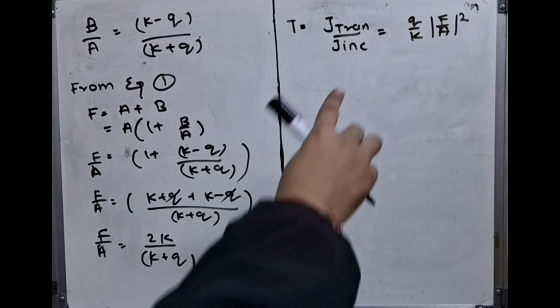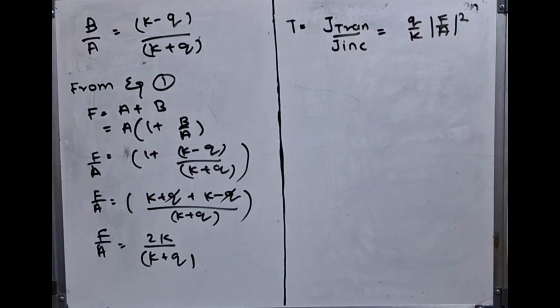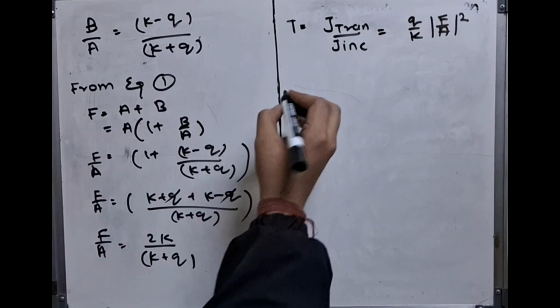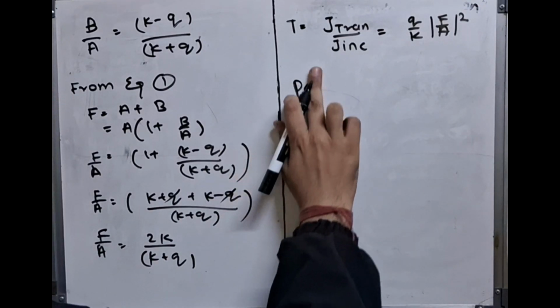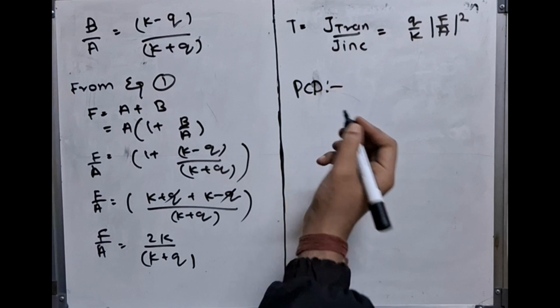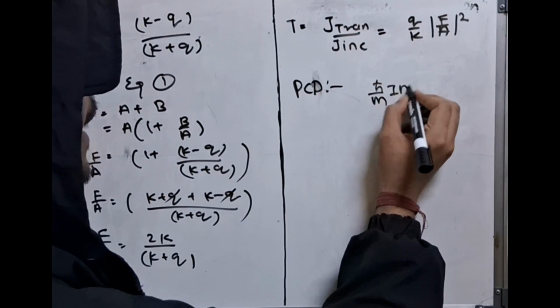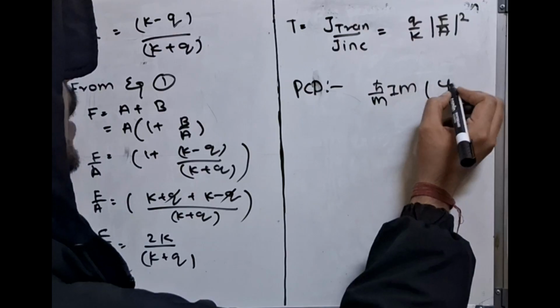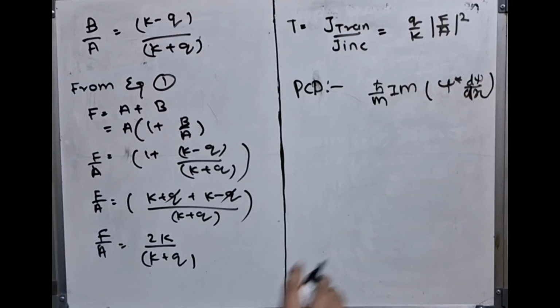Well, you may ask where this Q upon K came from. It came from the probability current density. As we know that equation, I'll just write it in brief. Probability current density is given by h cut upon m Im of psi star d psi by dx.